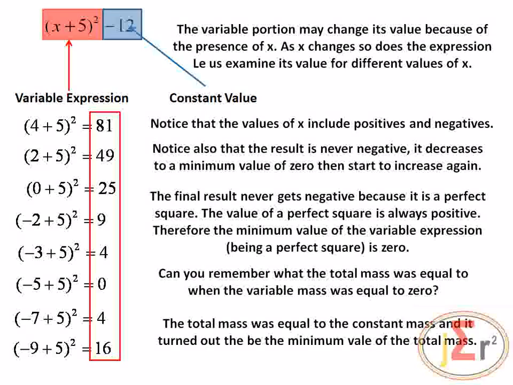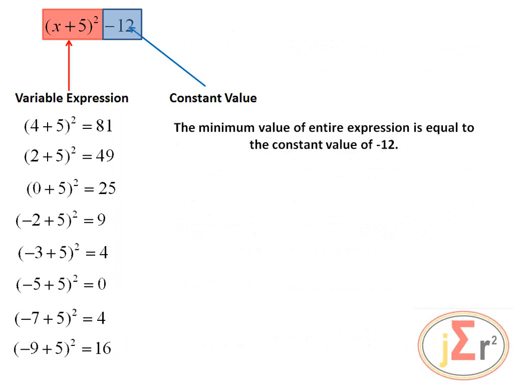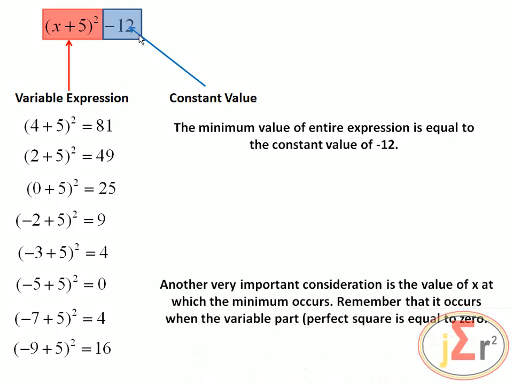The total mass was equal to the constant mass, and it turned out to be the minimum value of the total mass. The minimum value of the entire expression is equal to the constant value of negative 12. So this is going to be the minimum value, which is a constant value.